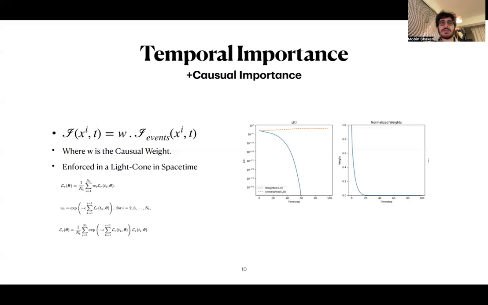So it kind of lets the system learn from lower times to higher times in order, therefore it follows causality, and this causality is informed in a light cone from any event in space-time.